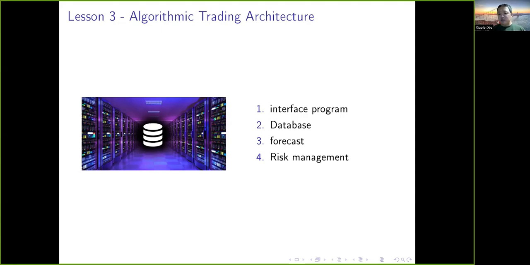And indispensable to all this is a risk management system that calculates the risk measures and determines the capital allocations. In this lesson, I will explain how these parts of the program fit together and tell you about some free and open source software packages that can help build the program.